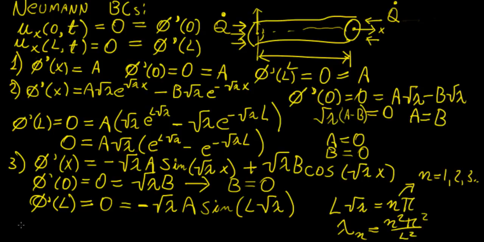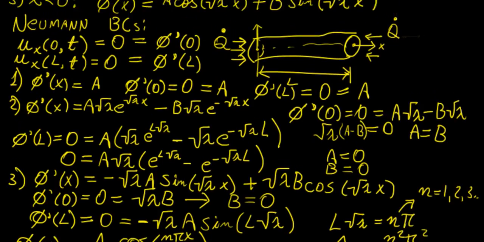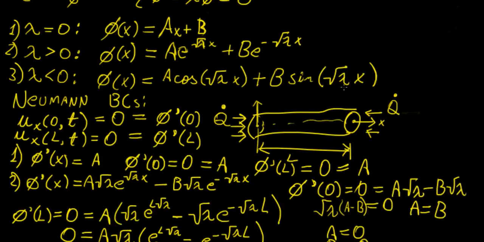And that implies that our solution for the space part, or the x direction solution, is going to be the following. It's going to be a_n, so the nth solution I should say, cosine n pi x over L, because remember that since B is equal to 0, this term vanishes, and we're left with this one.